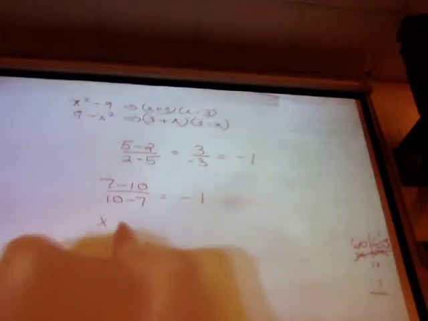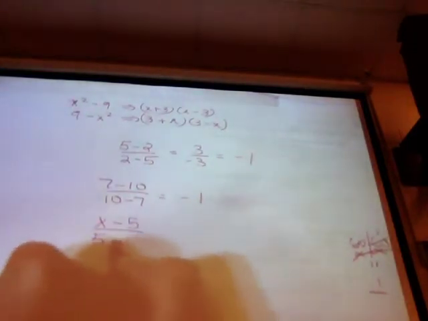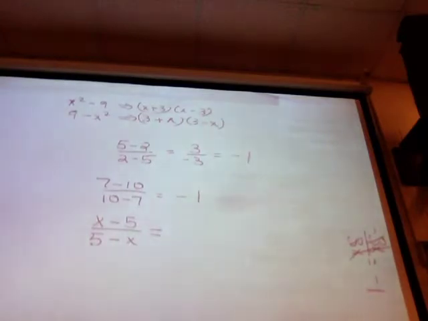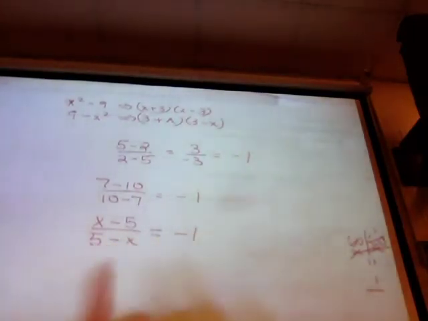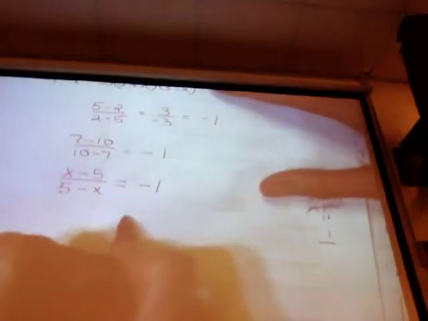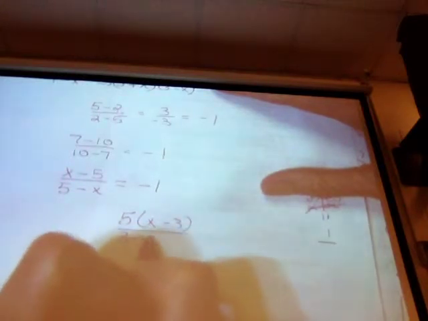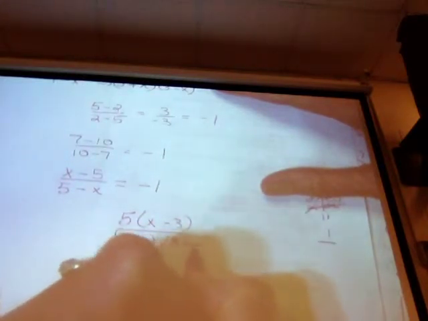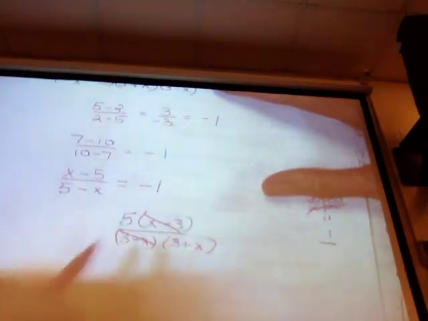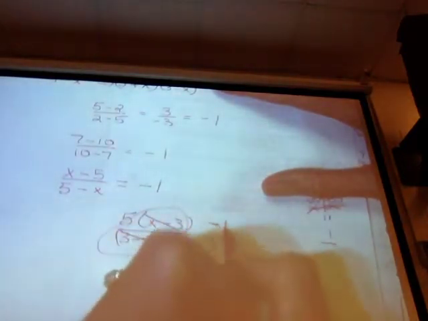So if I have x minus 5 over 5 minus x, what would that be equal to? Negative 1. So in this problem, we had 5 times x minus 3 over 3 minus x times 3 plus x. Right here, I would know that this equals negative 1. You don't have to go through all that jazz.